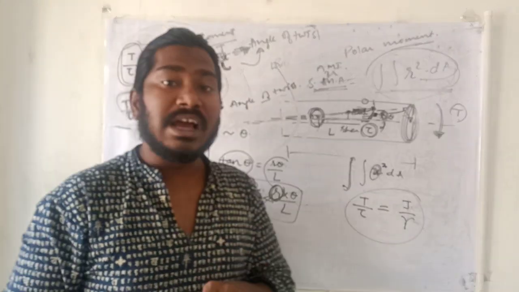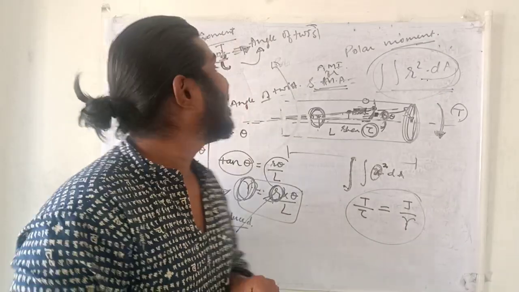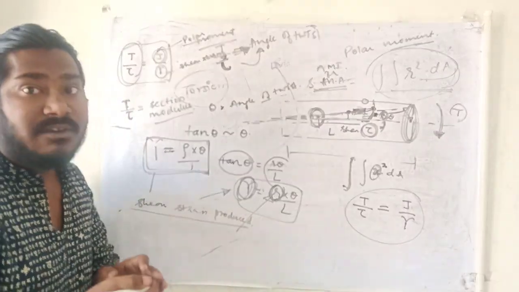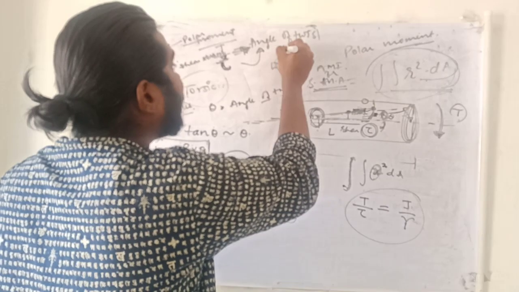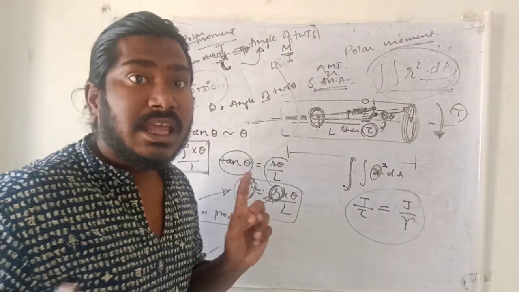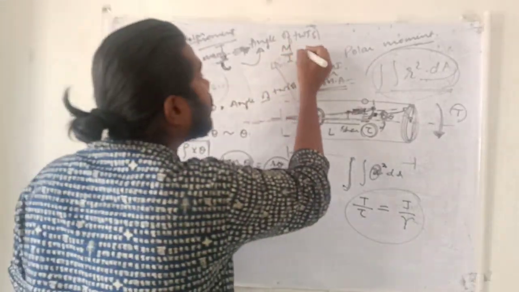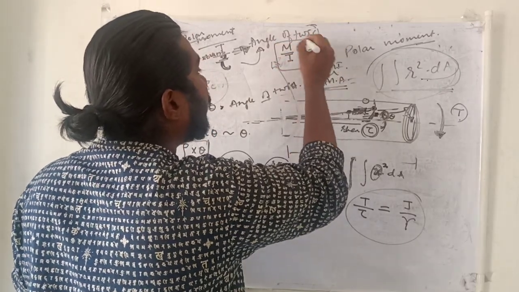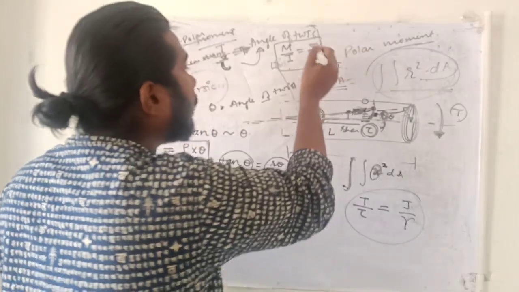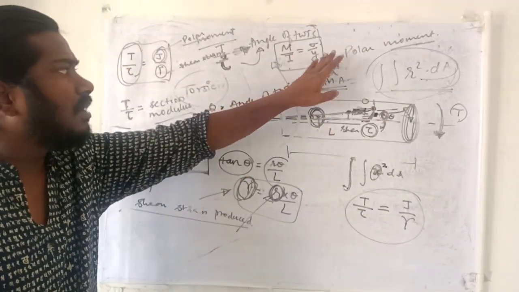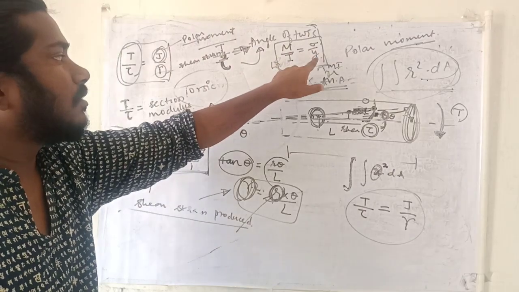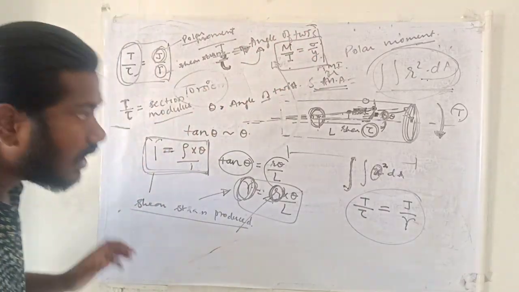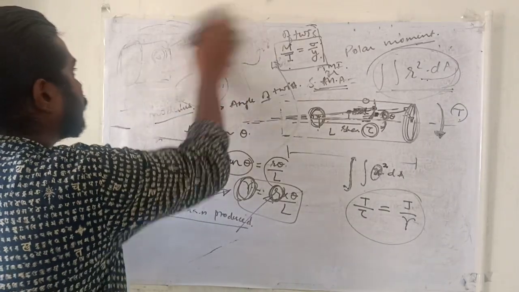But at that time, this J will be replaced by I, and the equation goes like this: M by I. In the case of a beam, the equation will change to sigma by Y. M by I is equal to sigma by Y, where sigma is the normal stress and Y is the location of the point under scrutiny, which is equal to E by R.